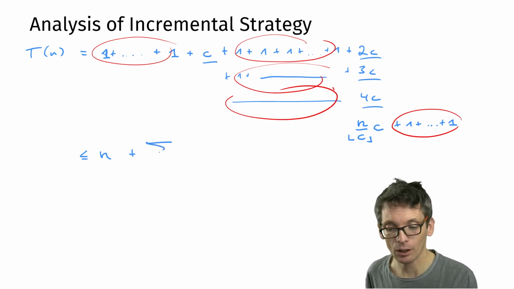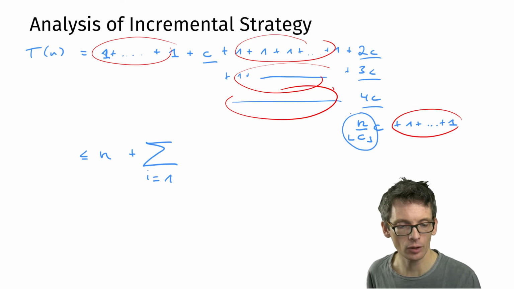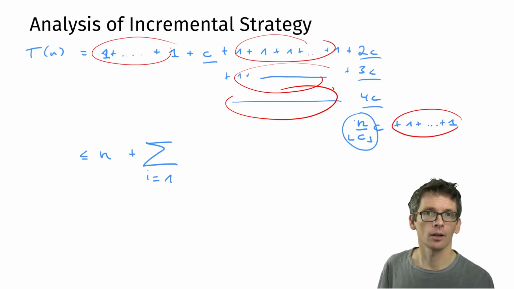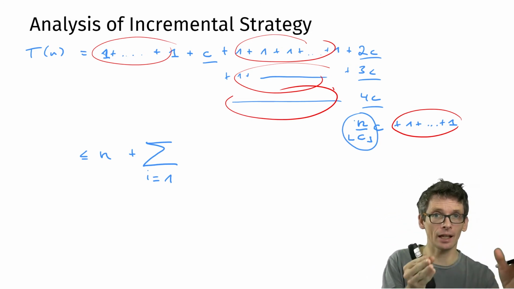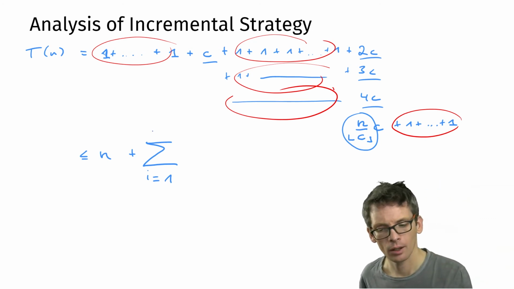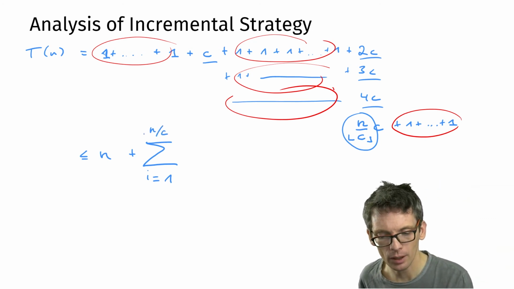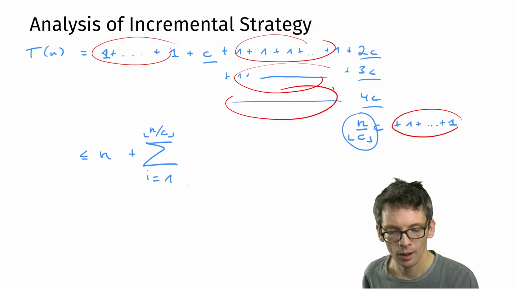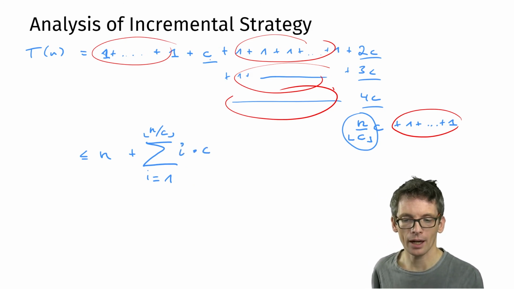That I can write as a sum. i goes from 1, 2, and the largest term is n divided by c, because n divided by c times c is n, so that's when we reach n. So up to n divided by c, let's say rounded down. And that is i times c. So i is initially 1, that's 1 times c, 2 times c, 3 times c, and so on.